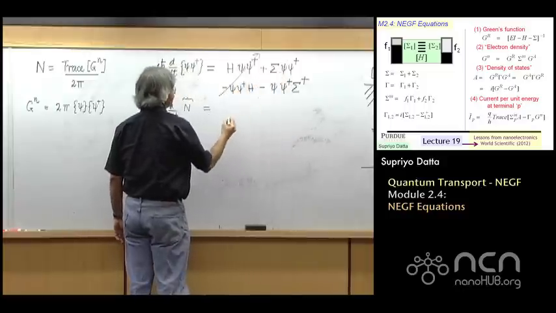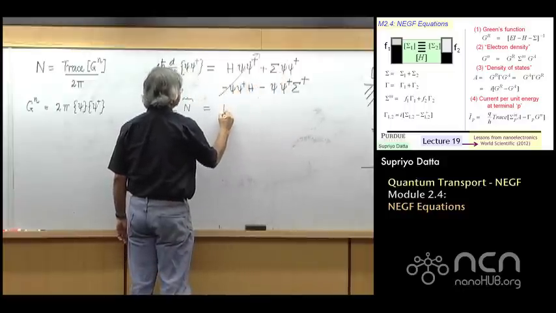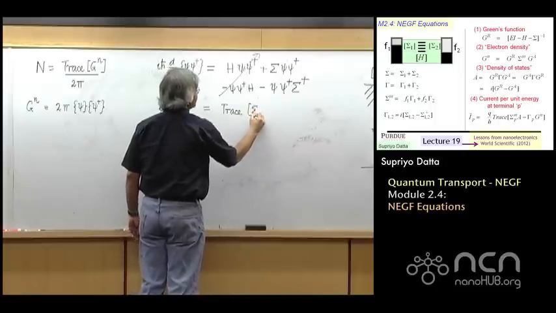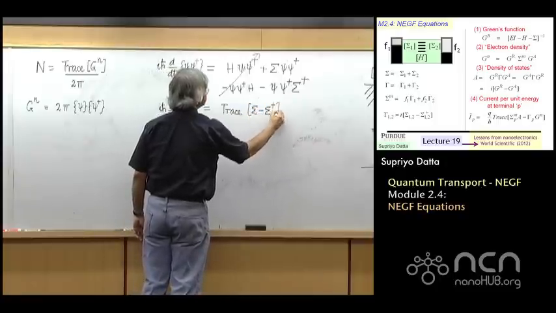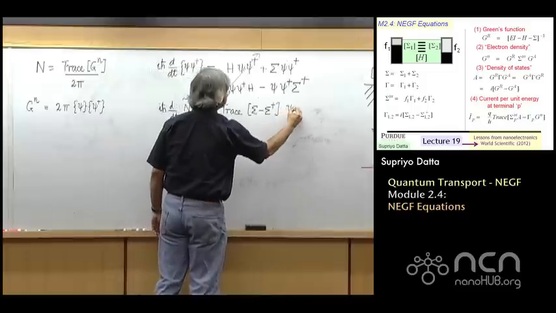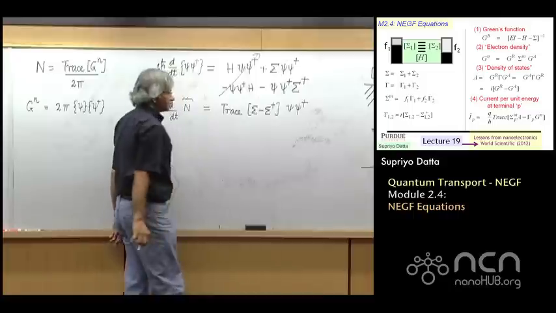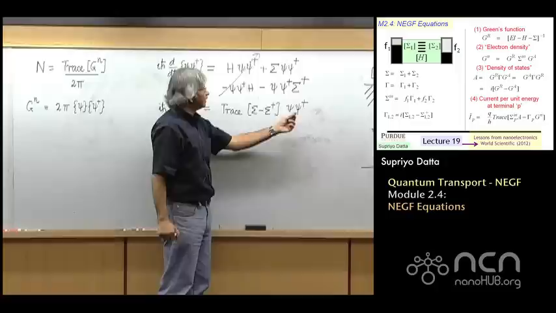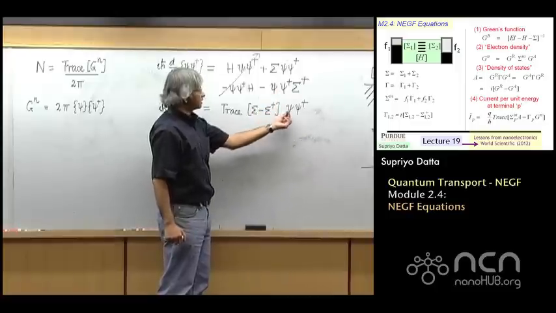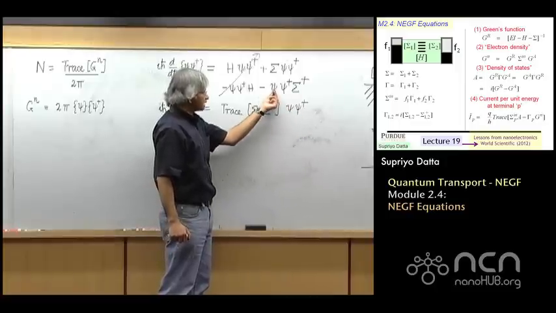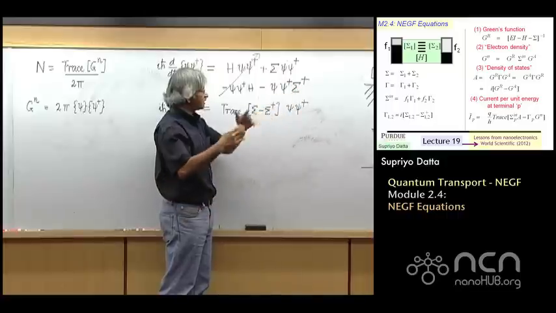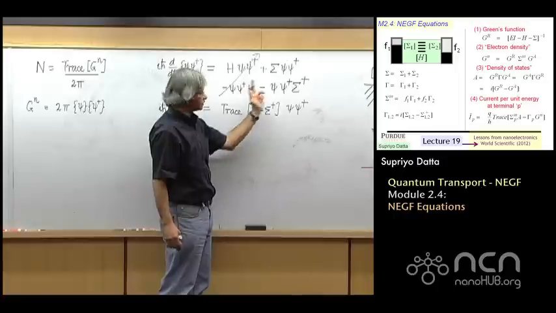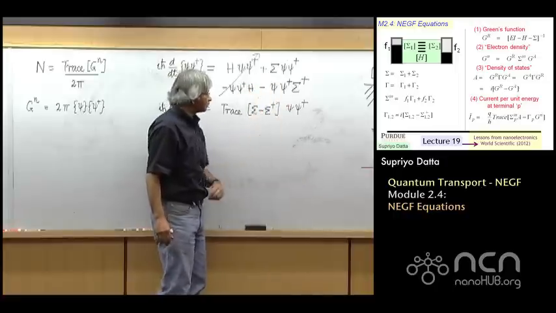Here, what we'd have is the trace of (σ − σ†) times ψ†. So you'll have one term which is σψ† and another term which would be σ†ψ†. Here it looks like ψ†σ†, but once I take the trace, I can take this from here and put it out in front because I can always turn them around cyclically. So that's what this one is.